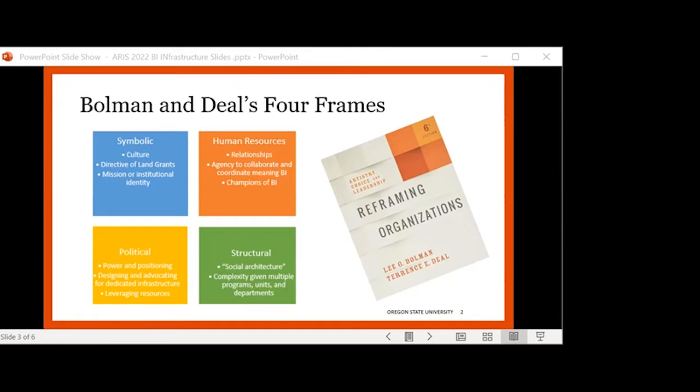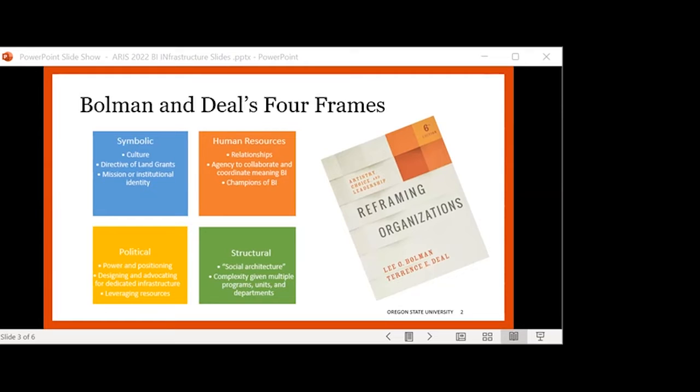The symbolic frame is about culture. Sometimes that's driven by something like a land grant directive or a special institutional identity. For instance, an HBCU will often have a lot of symbolic or cultural elements woven through the institution. Human resources is about capacities and relationships, and the connection between people.